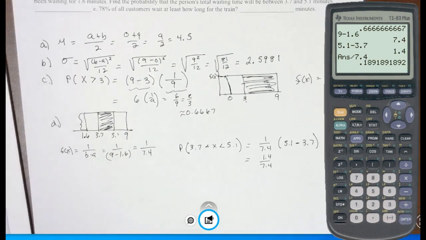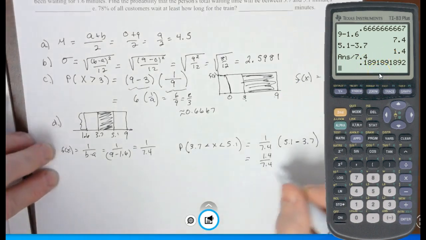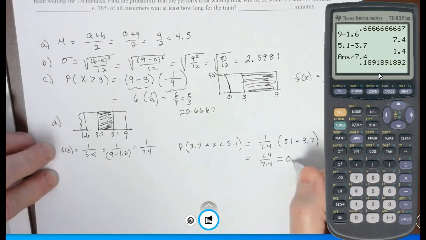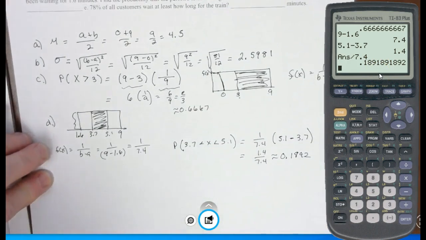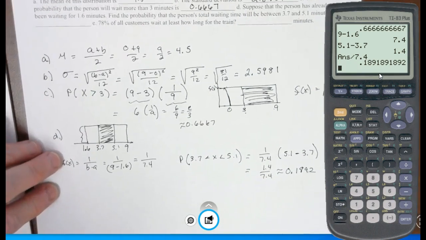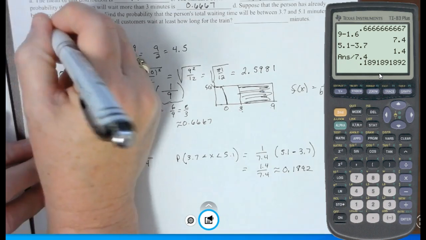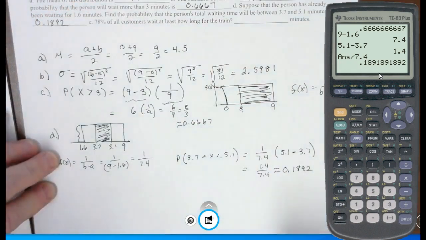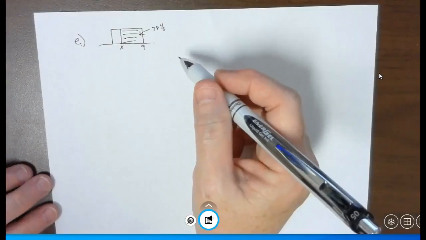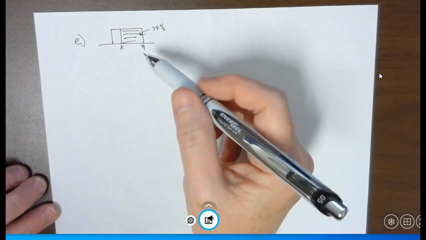And it looks like I have rounded to 4 decimals. So I have approximately 0.1892 for my answer. So that would go right here, 0.1892.